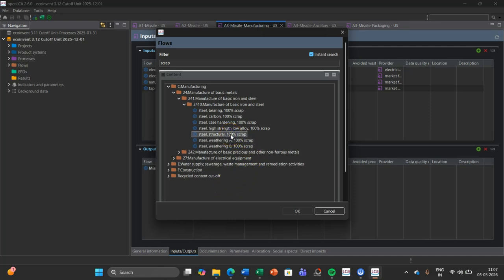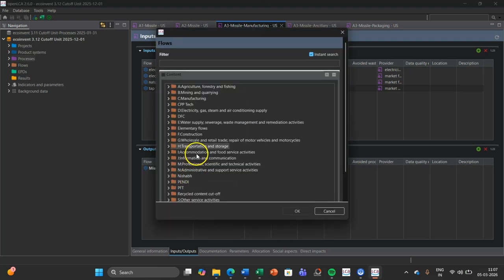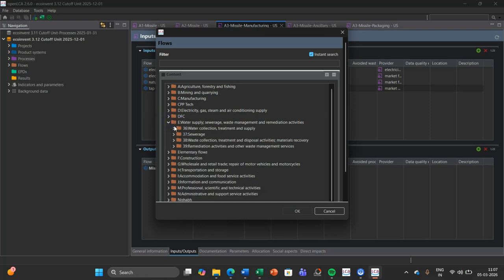Okay. 100% scrap. The point here is in the output, if you are adding a product flow, then it will become a point of multifunctionality. So you should look for a waste-based flow for adding the scrap.